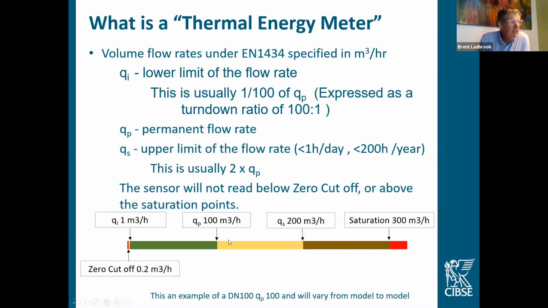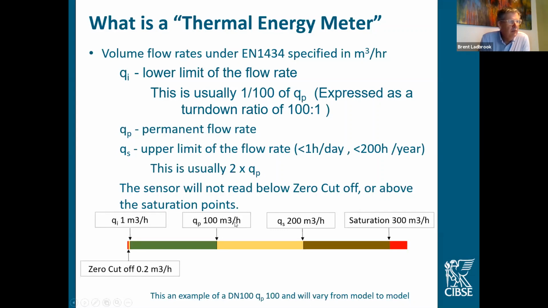If we look at this graphic, in this example it's a DN100 with a QP permanent flow rate of 100 cubic meters per hour. Our QI, our minimum guaranteed accuracy, is 1 cubic meter per hour, so 1/100th of our QP, and our QS is double our QP.